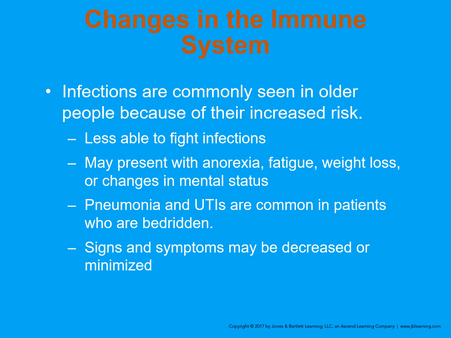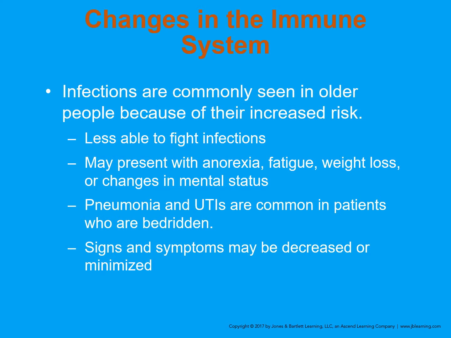Signs and symptoms: infections are seen in older people because of their increased risk, less able to fight those infections. They appear to have anorexia, be very, very thin and just sickly looking. They're tired, they lose weight, their mental status is decreasing.